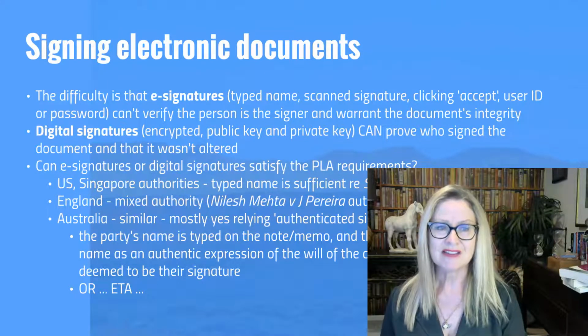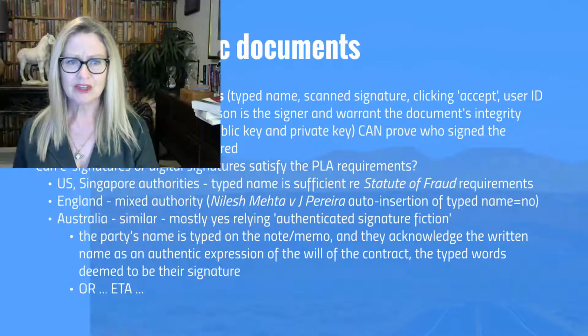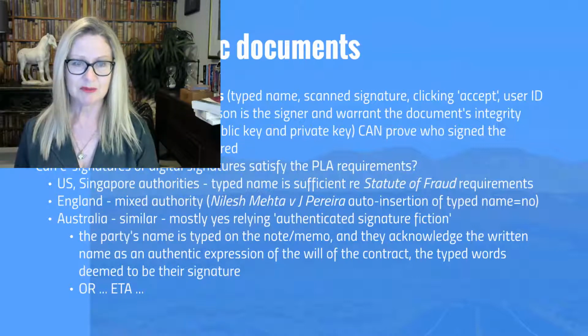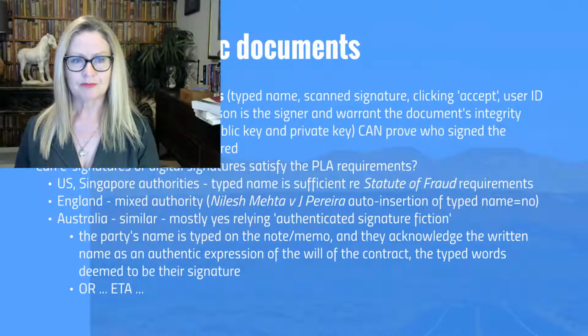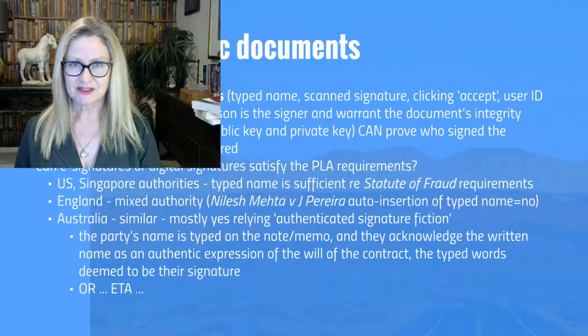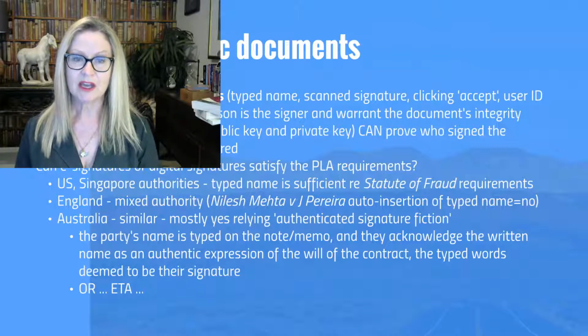In terms of e-signatures, you've got a whole mixed bag of authorities there. Most of them come down on the side of electronic signatures will be acceptable. In England, there has been a little bit more mixed authority. Mostly, as I said here, it tends to fall down on the side of yes, an electronic signature will be okay. The text does talk about this authenticated signature fiction.